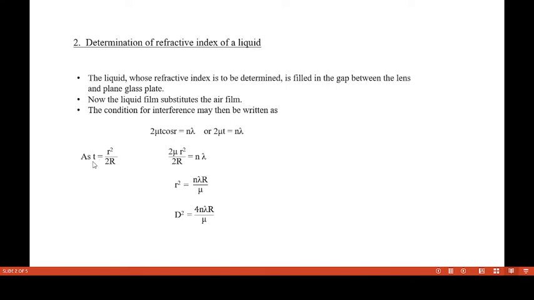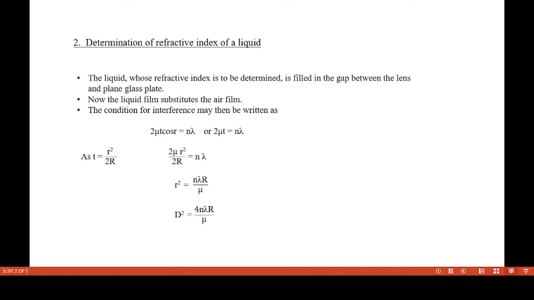And now, the thickness of the film at a particular point is t equals r square upon 2R. This expression we have seen derived in the last class. So substituting the value of t here, what is small r? Small r is the radius of the dark ring, and capital R is the radius of curvature of the plano-convex lens.